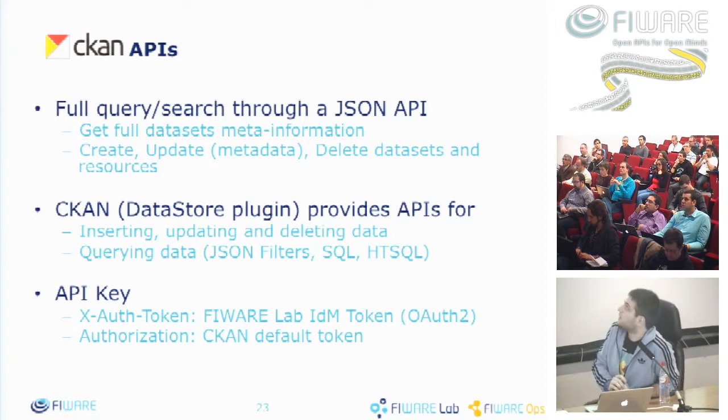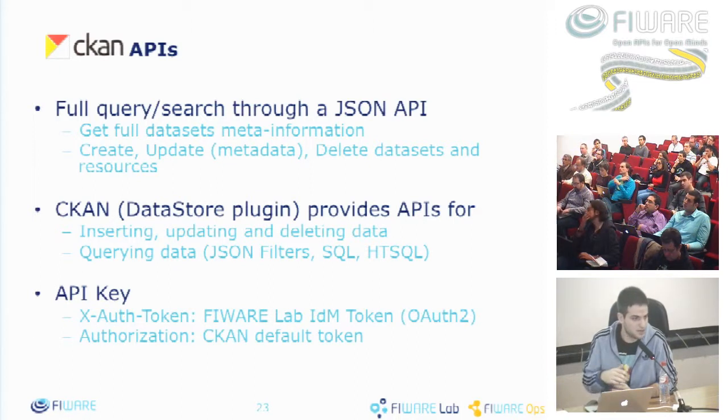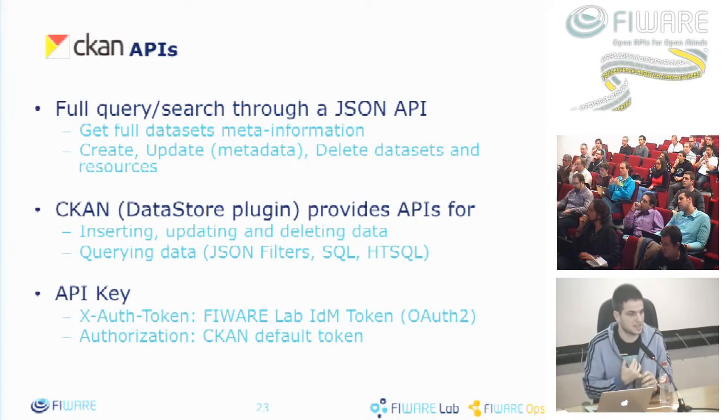You can query and search through the JSON API, but CKAN has a disadvantage: when you look for a data set, you will only receive the metadata. This means the tags, whether it's public or private, the author, but you won't retrieve the data itself, only the metadata around the data.